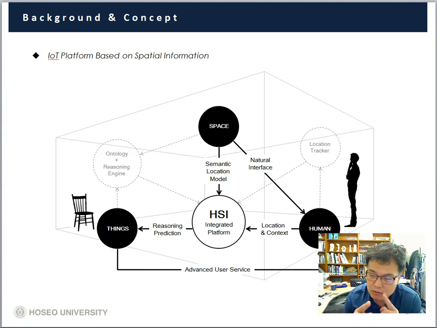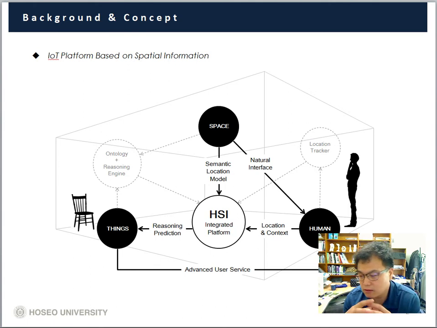The other most important context is space and the spatial information. But most researchers just overlook the spatial information. This is the basic idea of this study, the start of the problem.